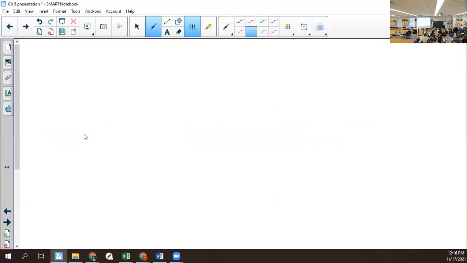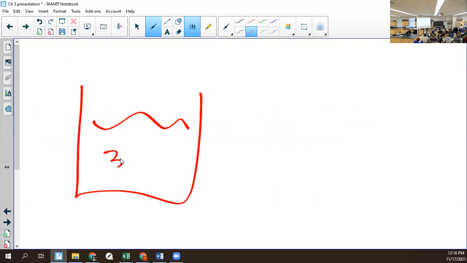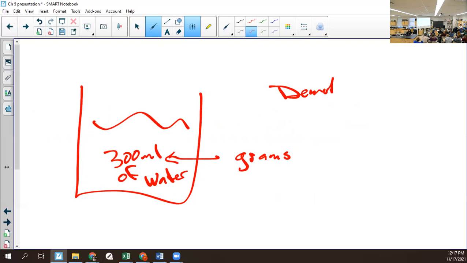So in your beaker, you have 300 milliliters of water. But we need this in grams. Well, the density of water is 1 gram per 1 milliliter. So you take 300 and multiply it by 1 and divide by 1.